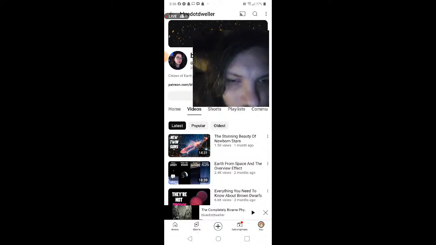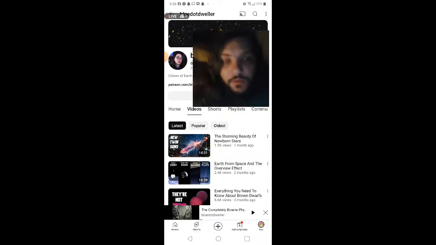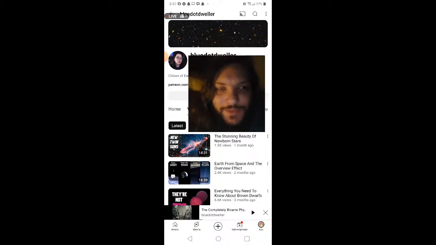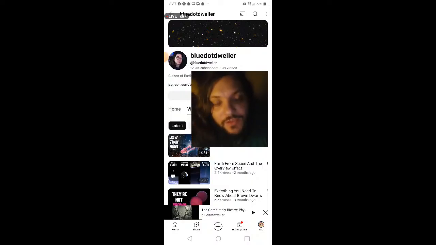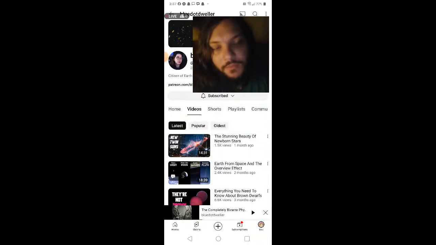Stunning beauty of newborn stars. I mean, they are very pretty. Not gonna deny that. I mean, if you consider a puddle of gas coalescing into a glowy ball pretty, then of course they are. When I saw a newborn star in Magic School Bus, I was like, that is really cool.